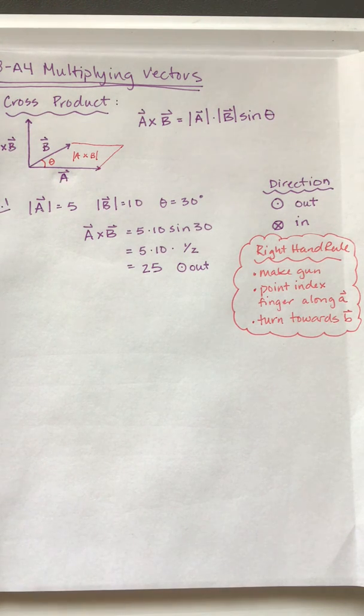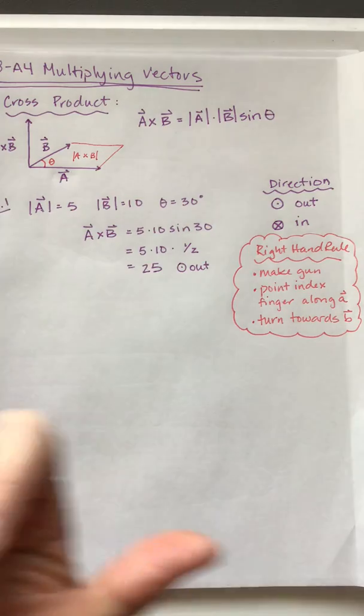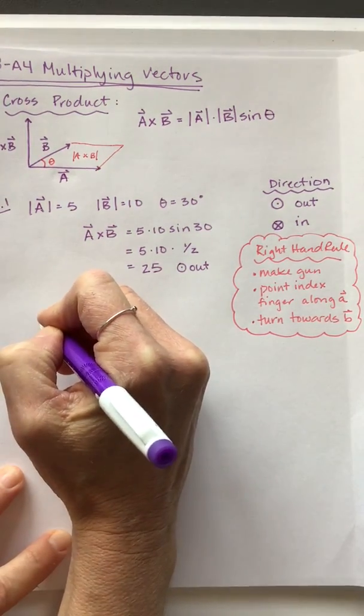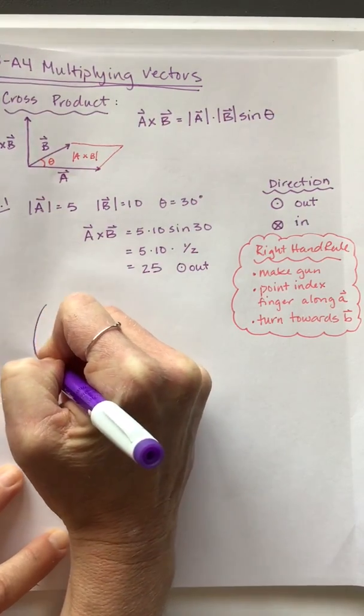That's the angular momentum: the velocity of that wheel, and the distance from the center of the wheel, that radius, times the force along that wheel. If you crossed those two, you would get the direction of your angular momentum or your torque.